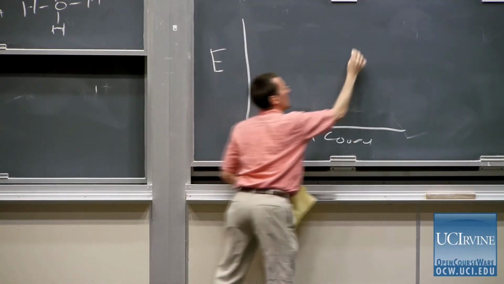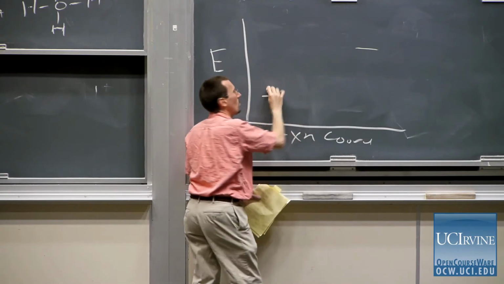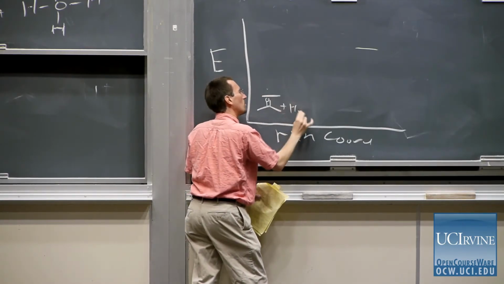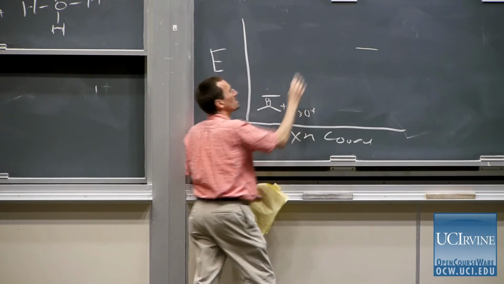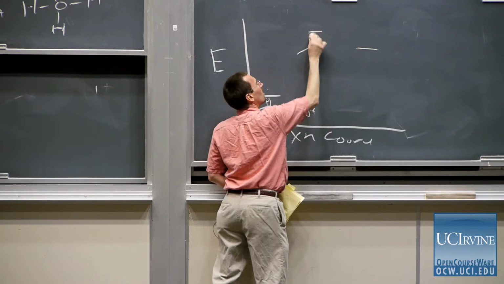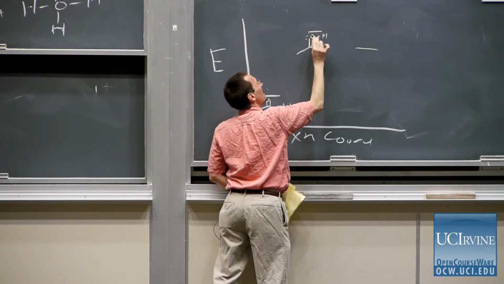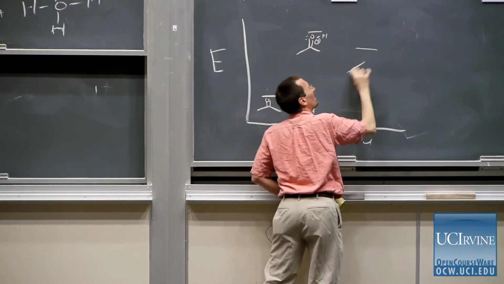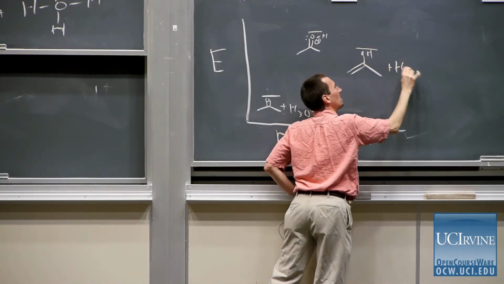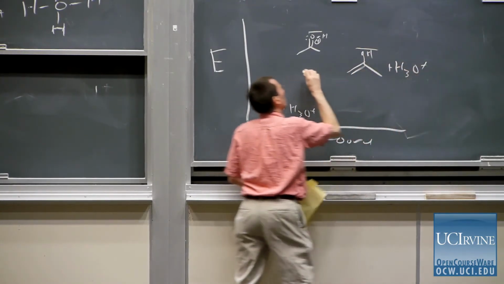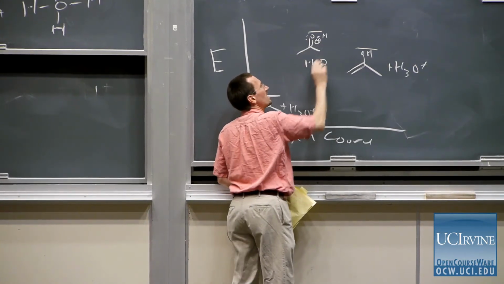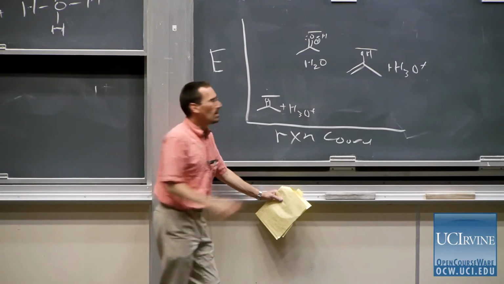When you have a reaction like this, where we're going from reactant, from our acetone plus H3O plus to our protonated acetone, and then to the enol. And technically, if I'm writing this out correctly, this is acetone, protonated acetone plus H2O.